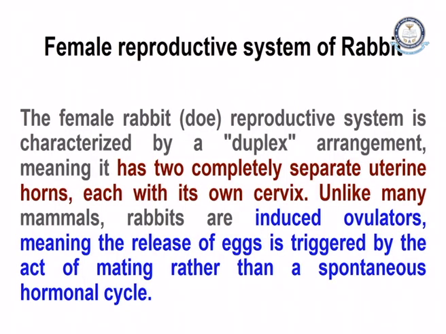Coming to the next, the female reproductive system, we have the characteristic of a duplex arrangement. So, what is this duplex arrangement in the female reproductive system? It means that there are two completely separate uterine horns. That means it has two different uteruses, called uterine horns, each with its own cervix.